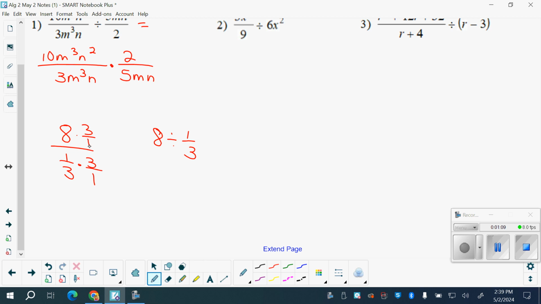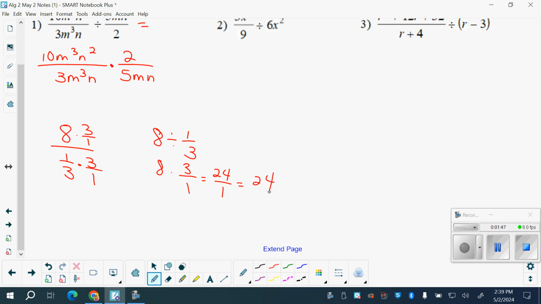That gets rid of that fraction. So then I get 8 times 3/1, or 24. So that's why. Because you're dividing by a fraction, you have to get rid of that fraction by taking the reciprocal. Okay? Is 3/1 the reciprocal of 1/3? Yeah, so I multiplied by 3/1, and then I get 8 times 3/1 or 24/1.